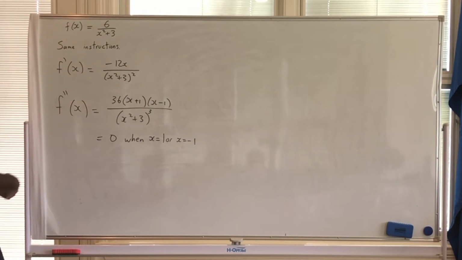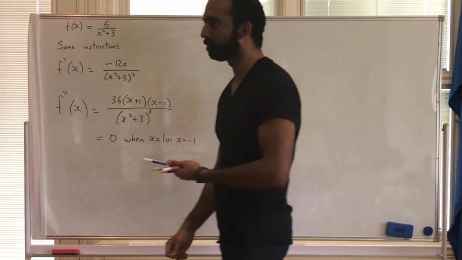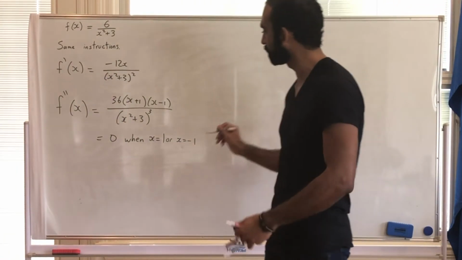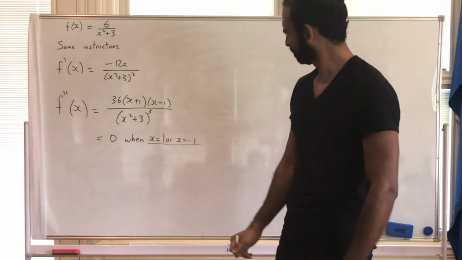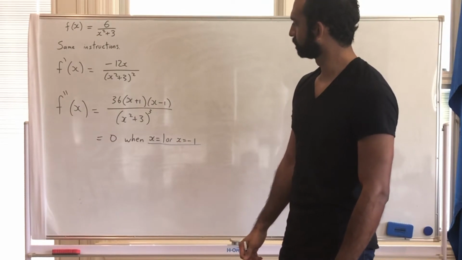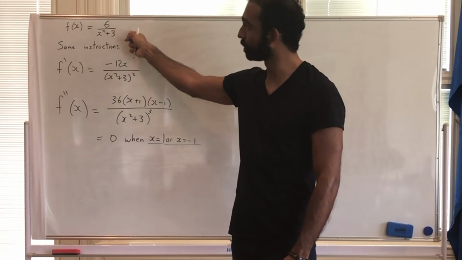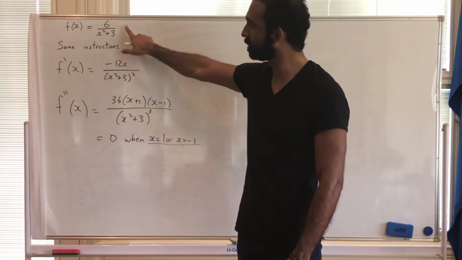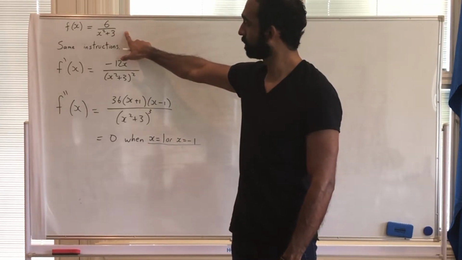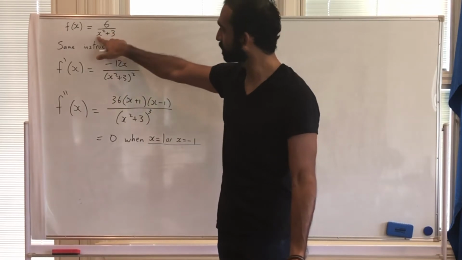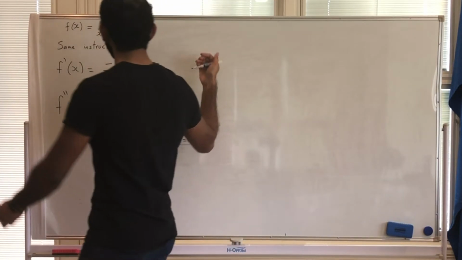So I take these possible x coordinates of possible points of inflection and I do what to them? You test the intervals like we did last time. Right, you split the entire domain of the original into intervals. What is the domain of my original function? Negative infinity to positive infinity. Right, it's never undefined. X squared plus 3 guarantees that the bottom is always positive.